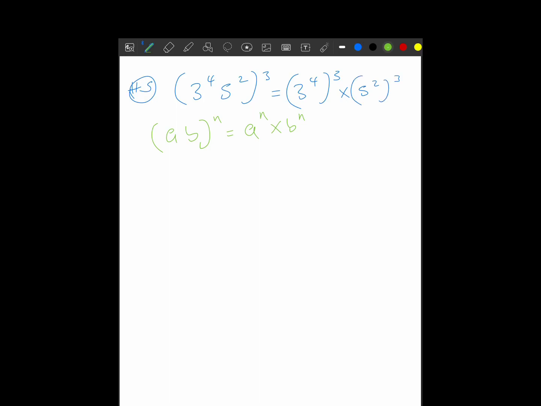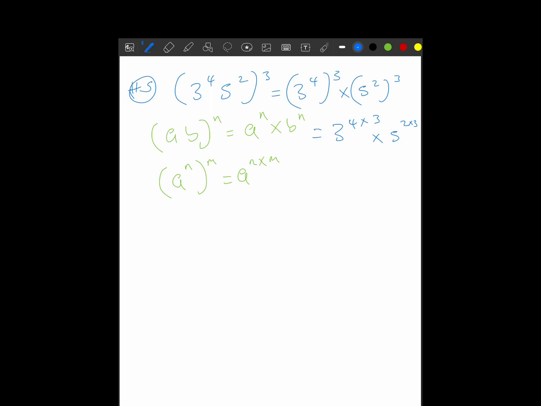Now, we jump to another law of exponents. If you have a power n, all power m, this can be written as a power n times m. So we do the same thing here. So this could be written as 3 power 4 times 3 times 5 power 2 times 3. Does this make sense?